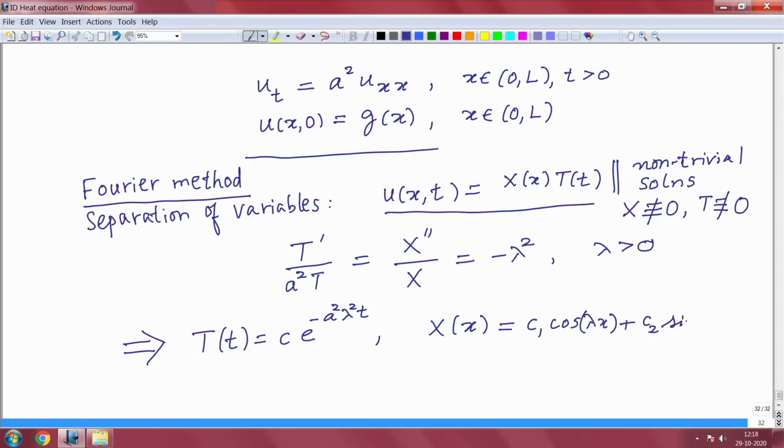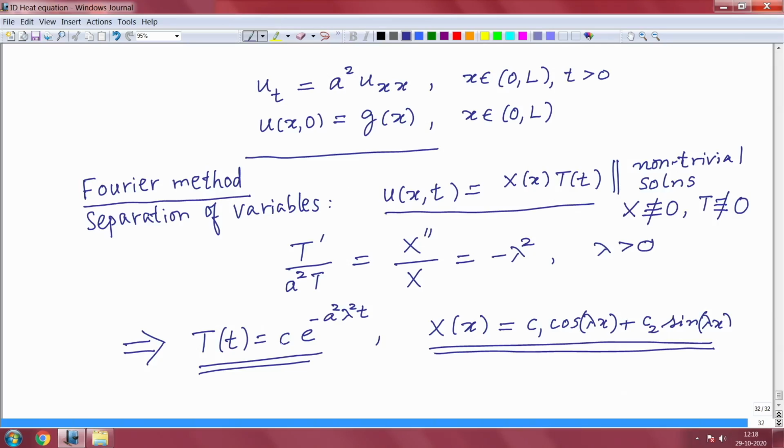That is important for us. Only thing is we have to determine the values of lambda for which we get non-trivial solution. So, this is certainly non-trivial solution for T all the time.